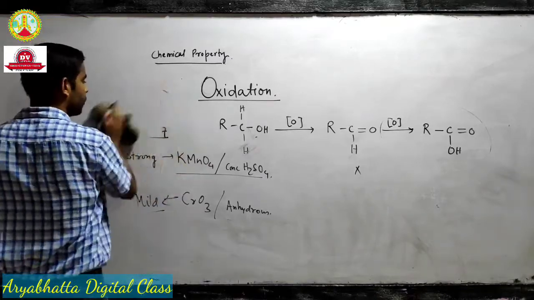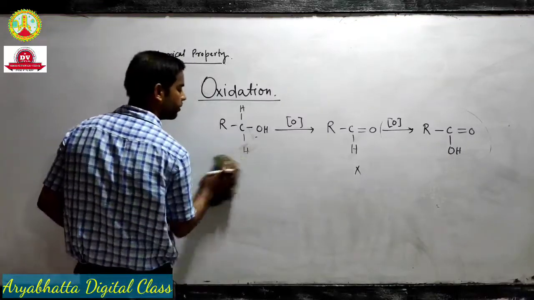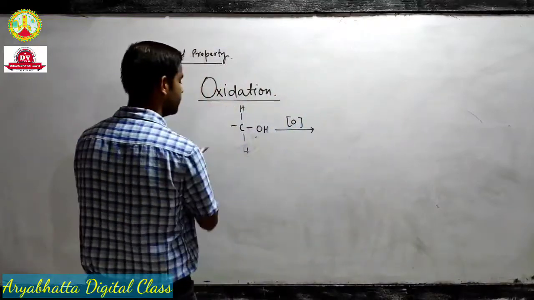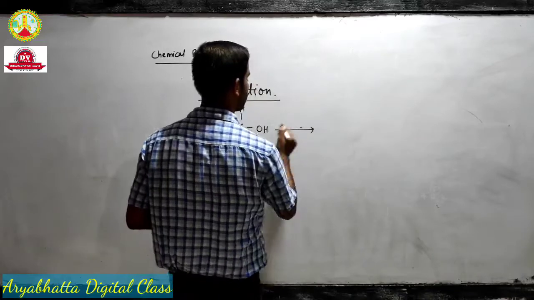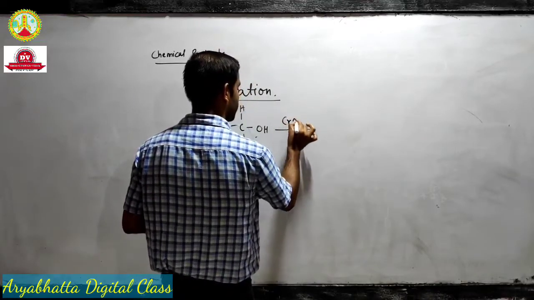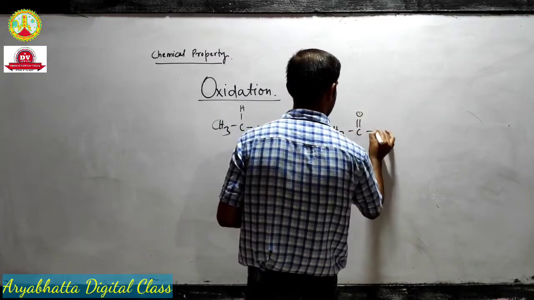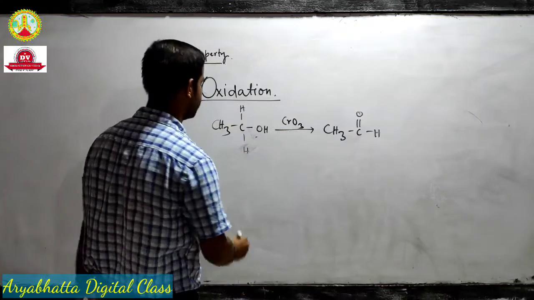Okay, now since we know these reagents, let's see what will happen. Suppose I have a CH3 over here, and if I take CrO3, then this will be the major product, because it's a mild oxidizing agent.